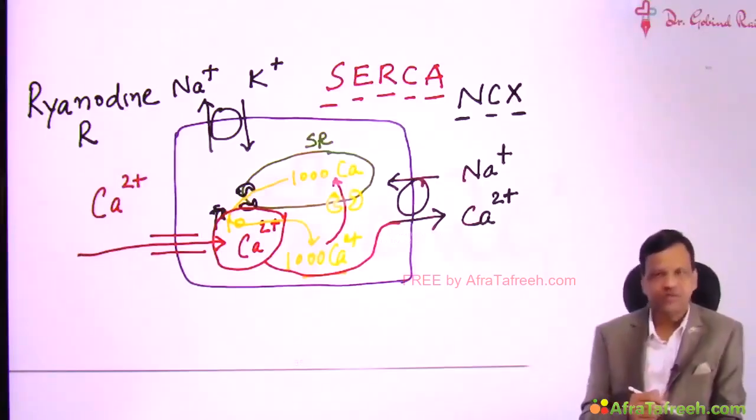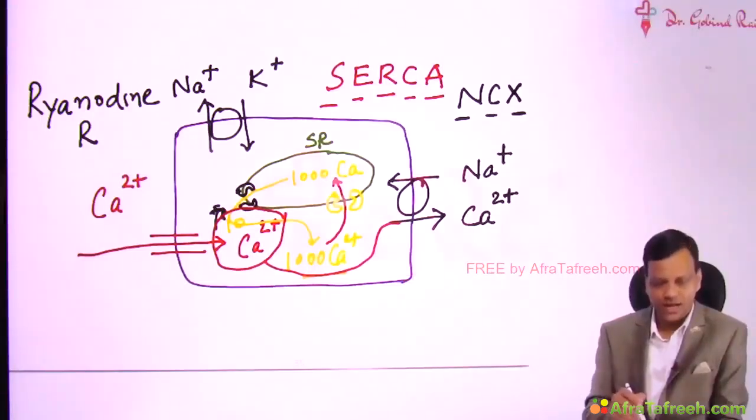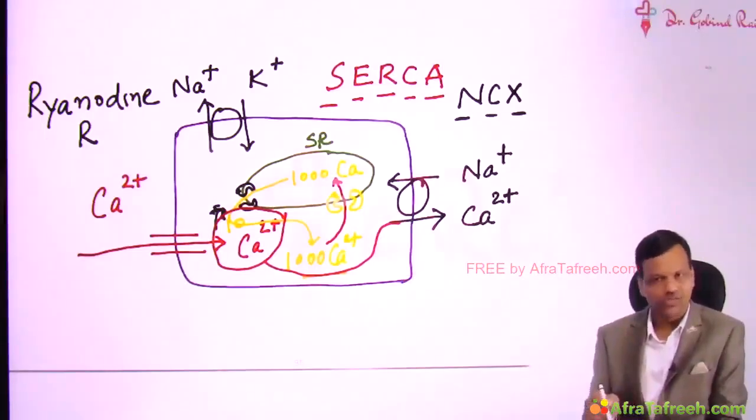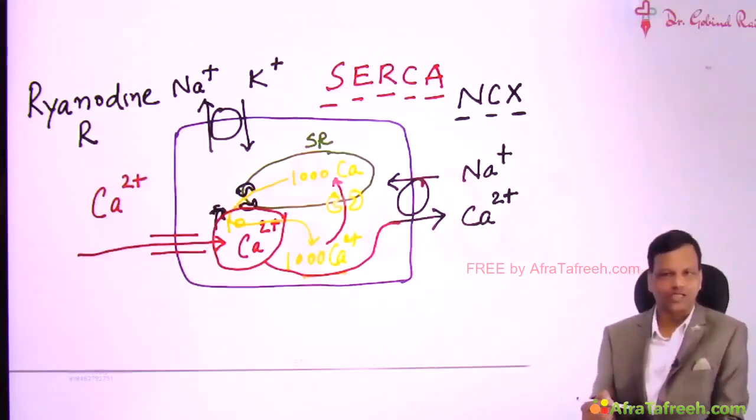So the same thing will repeat in the next depolarization. Again depolarization occurs, a small amount of calcium enters, it will stimulate the ryanodine receptor on the endoplasmic reticulum, more calcium will be liberated from the endoplasmic reticulum, it will cause muscle contraction, and when the muscle relaxes, endoplasmic reticulum calcium will be returned, and the calcium entering from outside will go outside. Is it clear? So this is the normal muscle contraction.